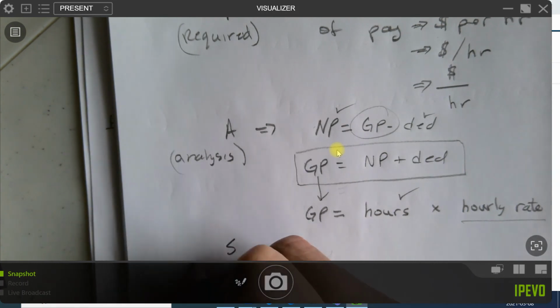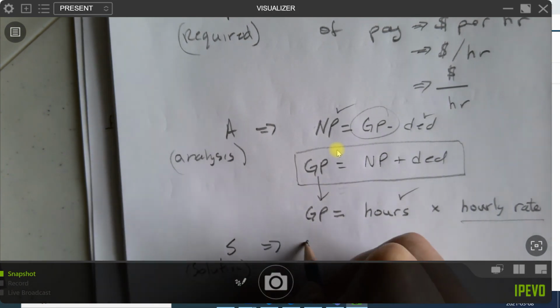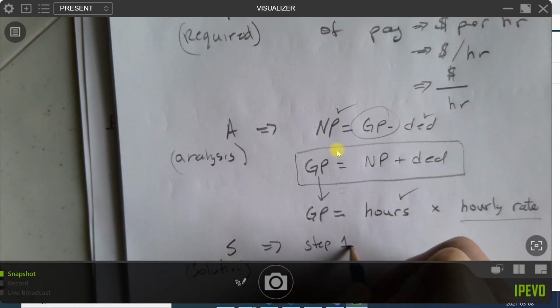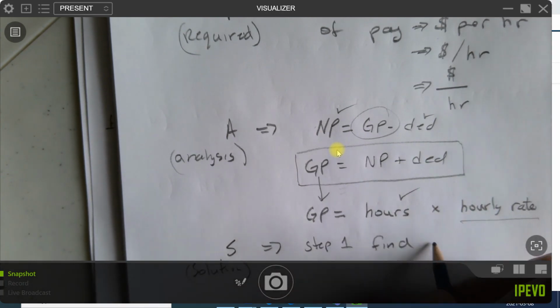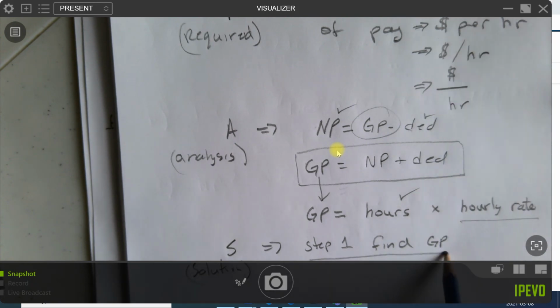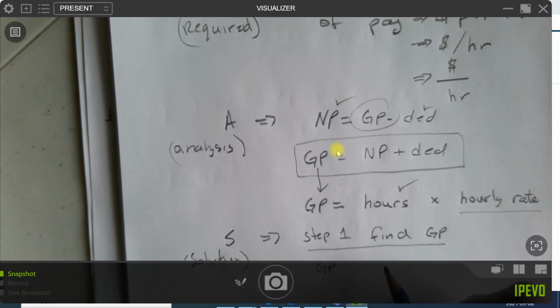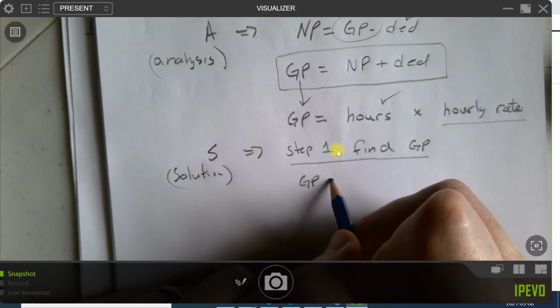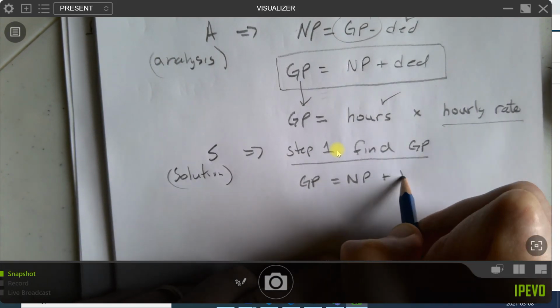So let's do our solution. So the solution in this case is step 1. Find our gross pay. And how do we find gross pay? Gross pay is equal to net pay plus deductions.